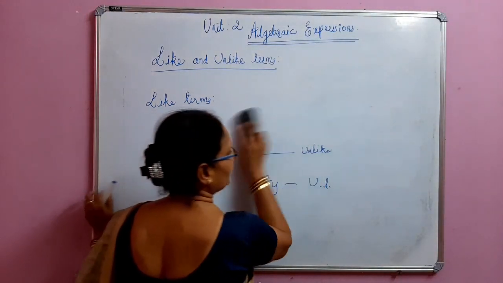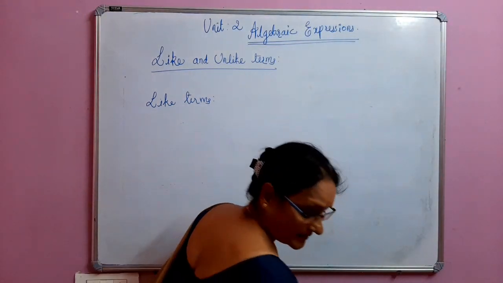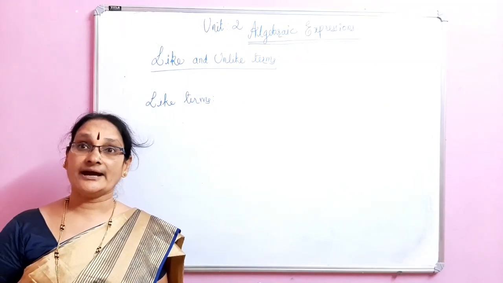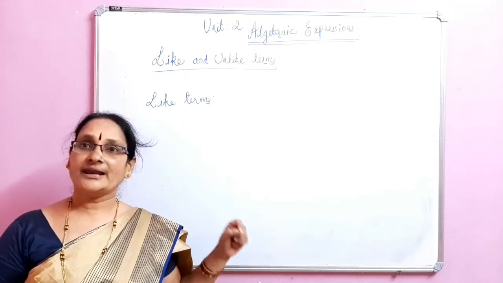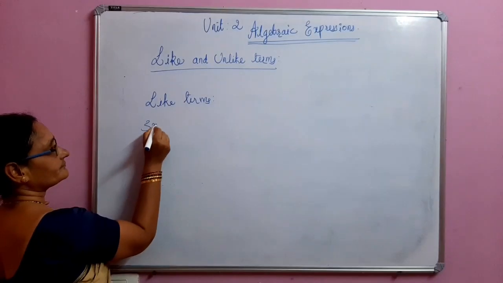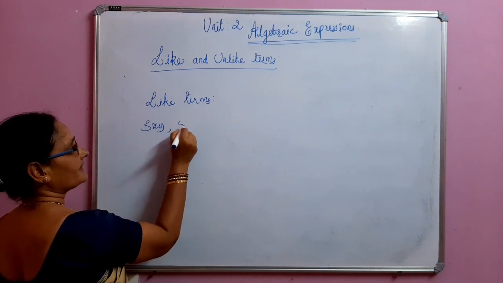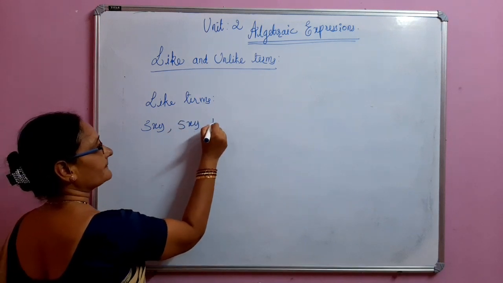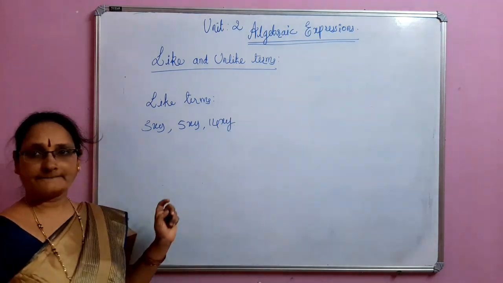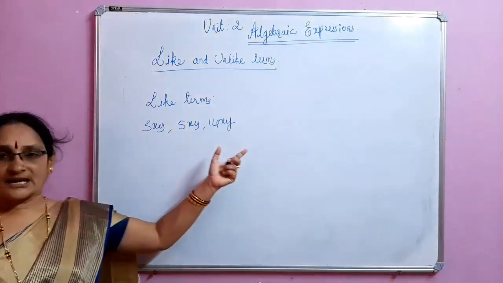Now let us learn how to add like terms and subtract the like terms. Addition and subtraction of like terms. Okay. See now, I'll take one example: 3xy, 5xy, 14xy. These are like terms.